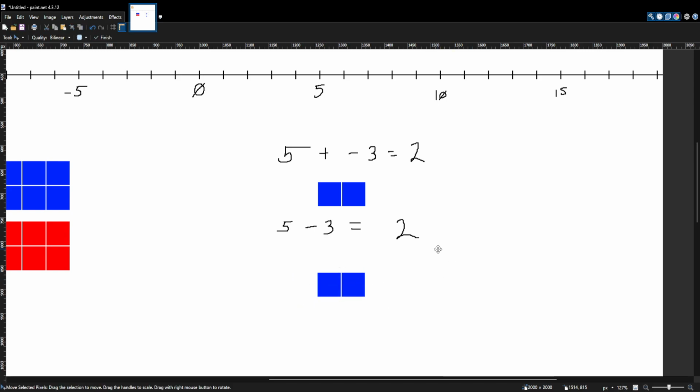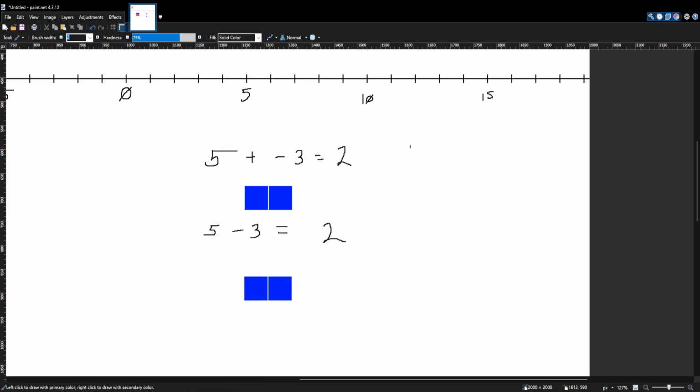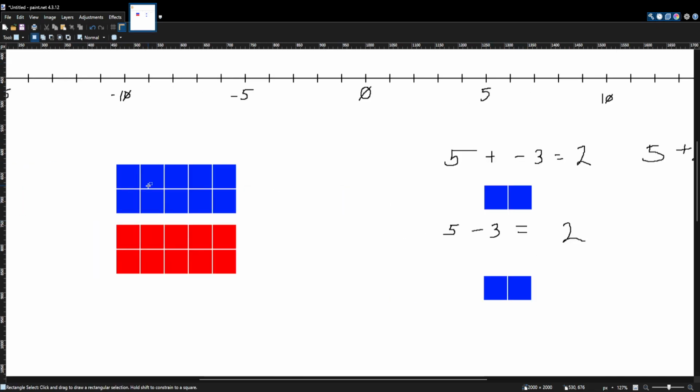Now, what about subtracting negative values? We already know that adding a positive value, if I were to do 5 plus 3, is going to equal 8. How do I get that? Well, I take my 5, and then I take my 3.